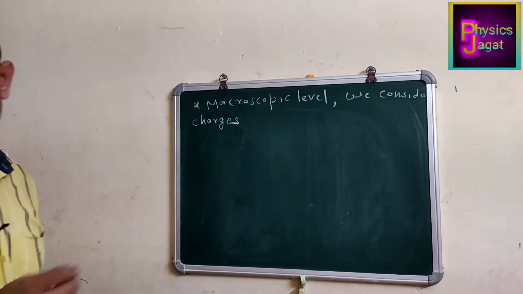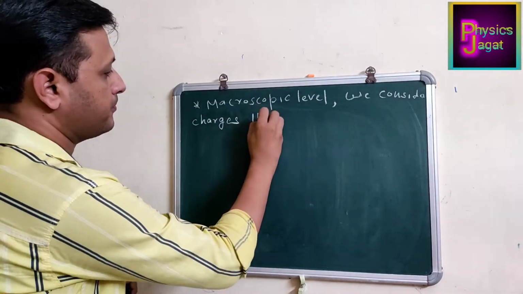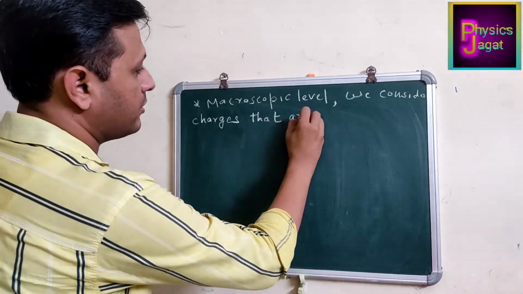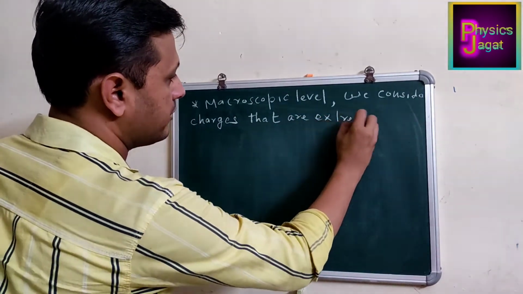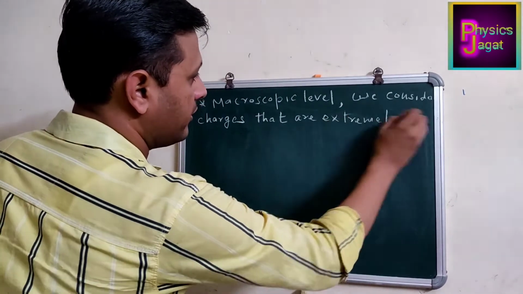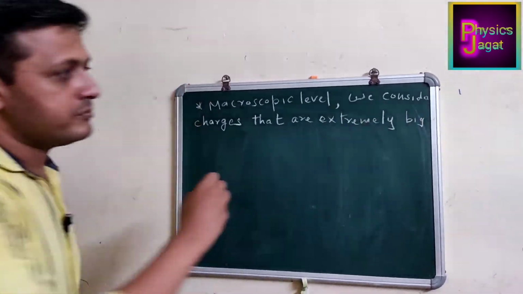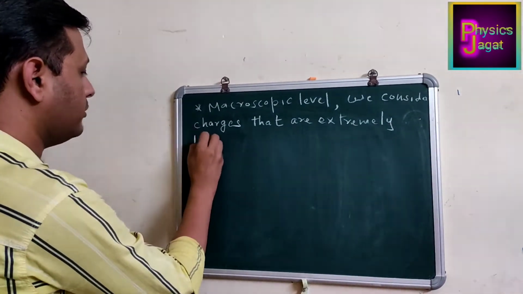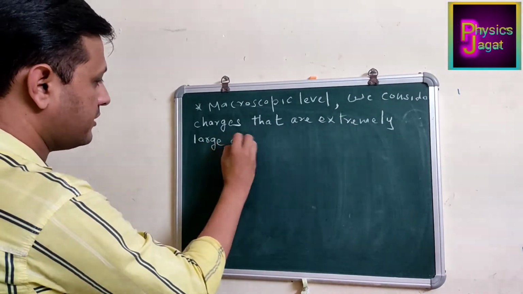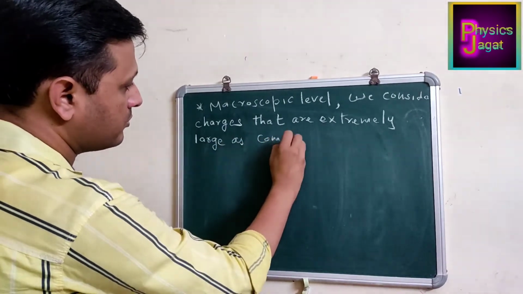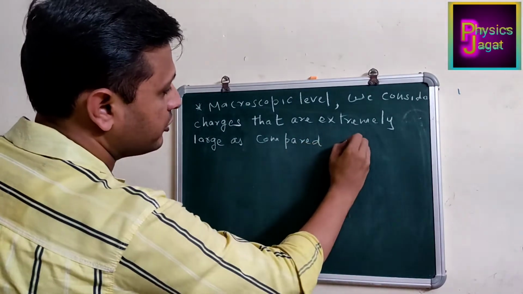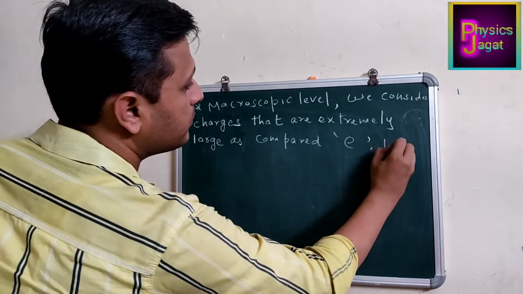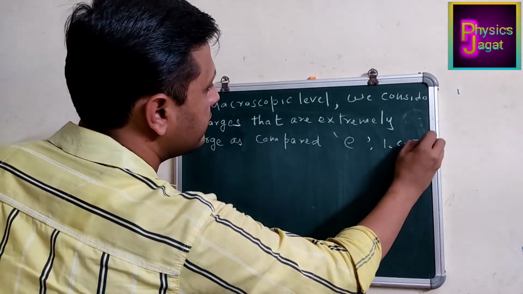So we consider charges that are extremely large as compared to our basic unit of charge, that is E. Charge of E, we know, is 1.6 into 10 to the power minus 19 coulomb.